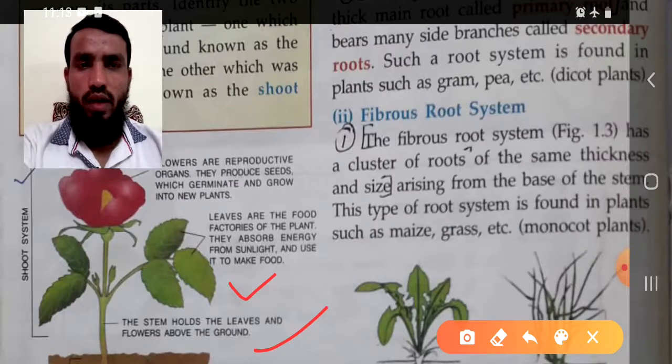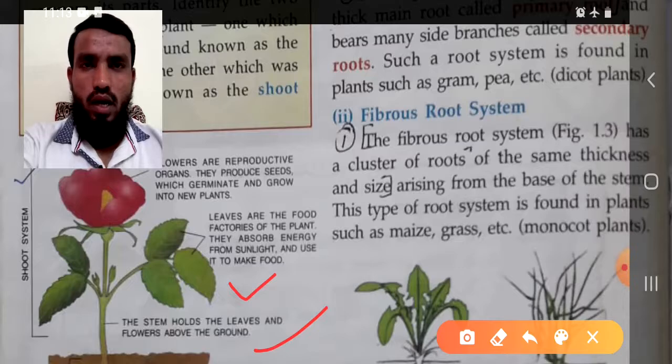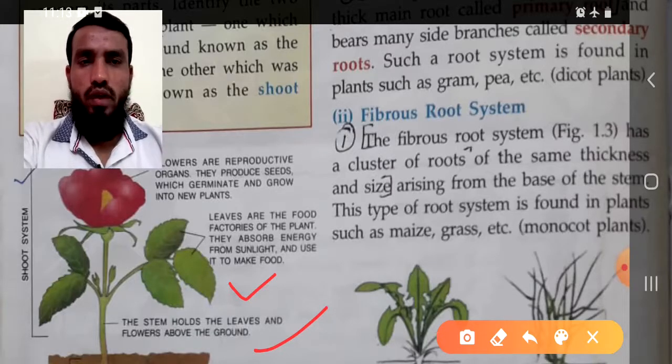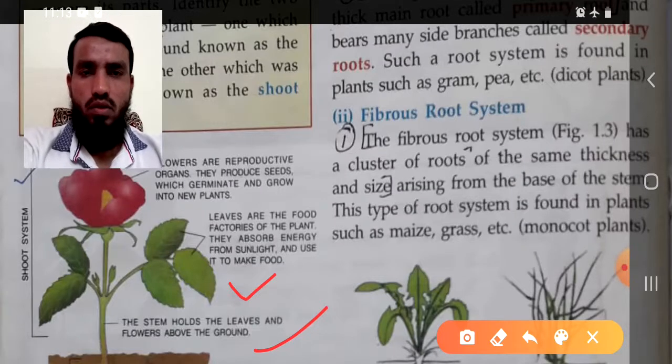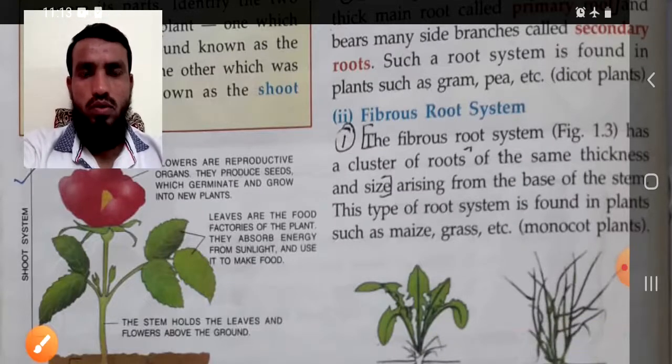Photosynthesis happens in the leaf, and the plant makes its food there. Basically it absorbs the sunlight and converts it into food, in the form of glucose.